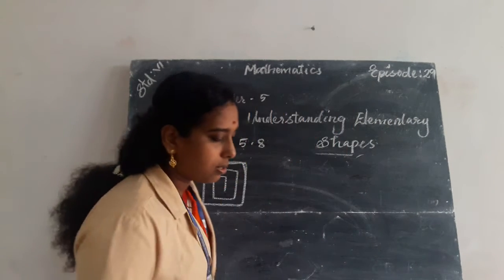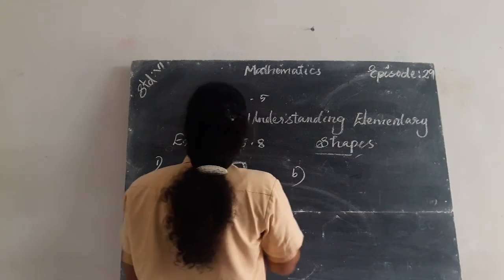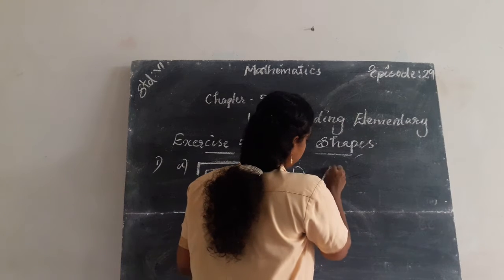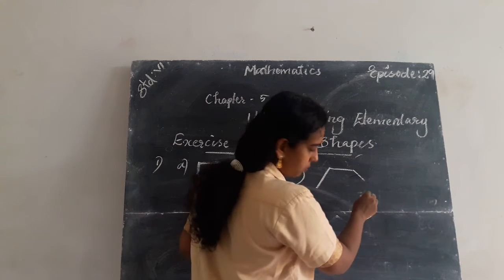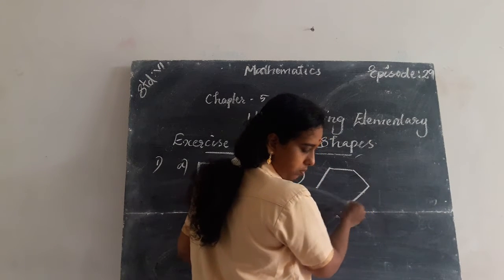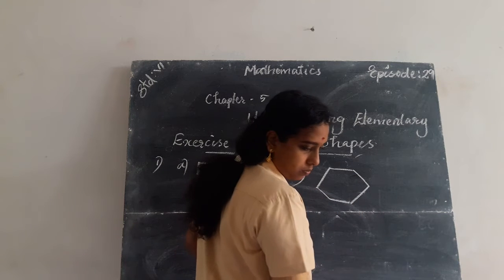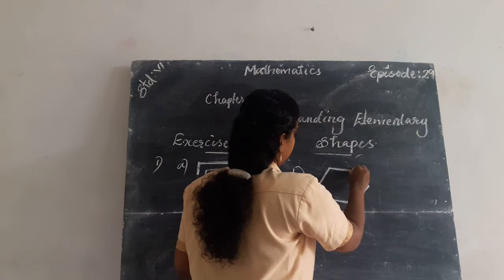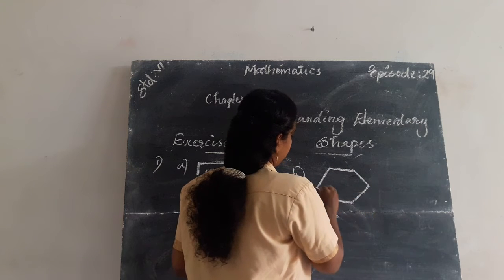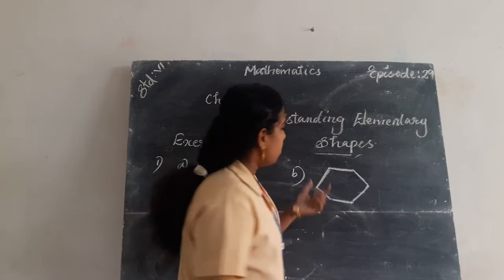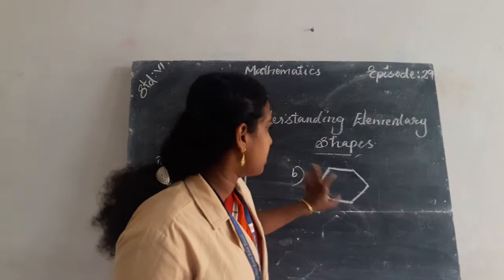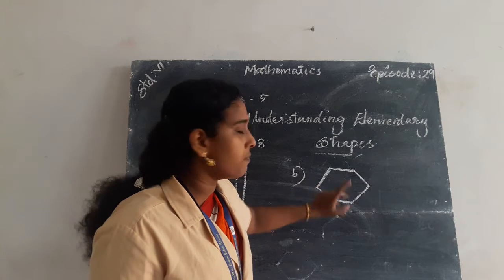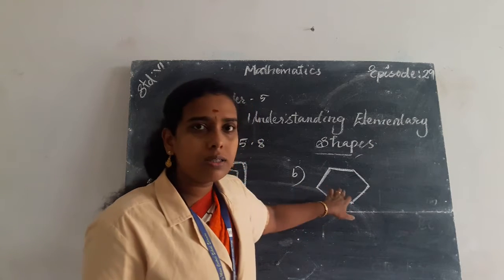Then the second figure is like this. Is it a closed figure or an open figure? It's a closed figure. Then is it a polygon or not?